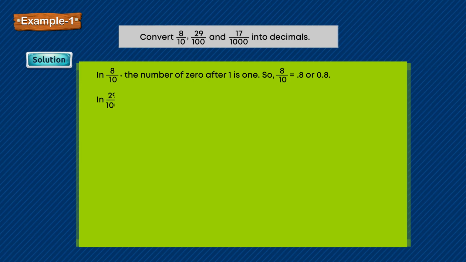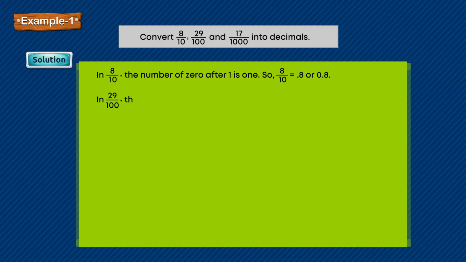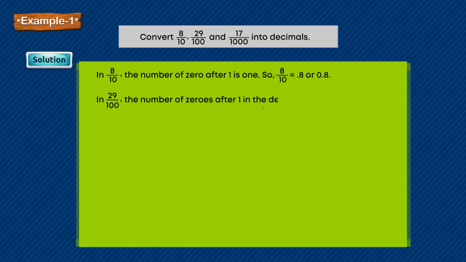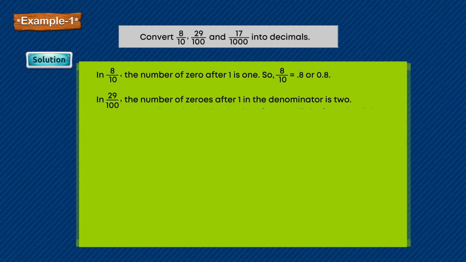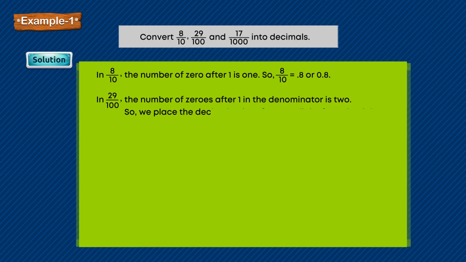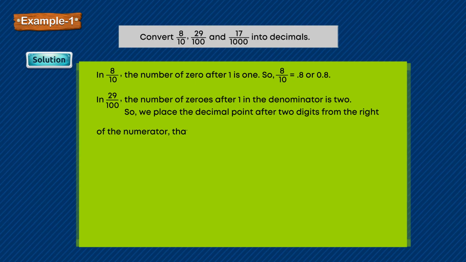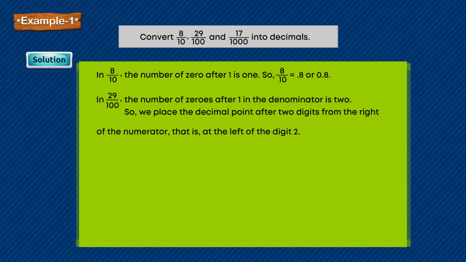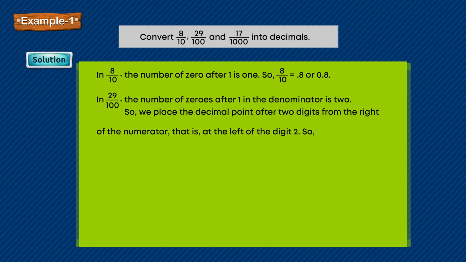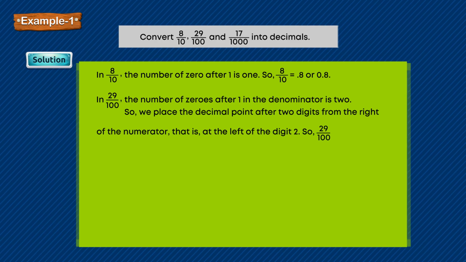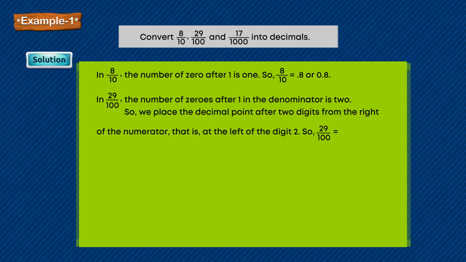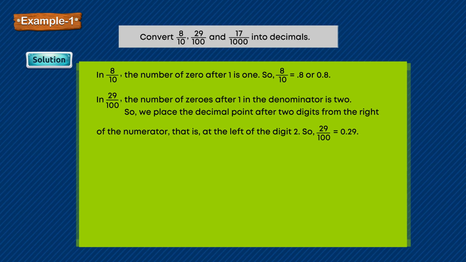In 29 by 100, the number of zeros after 1 in the denominator is 2. So, we place the decimal point after 2 digits from the right of the numerator, that is, at the left of the digit 2. So, 29 by 100 is equal to 0.29.